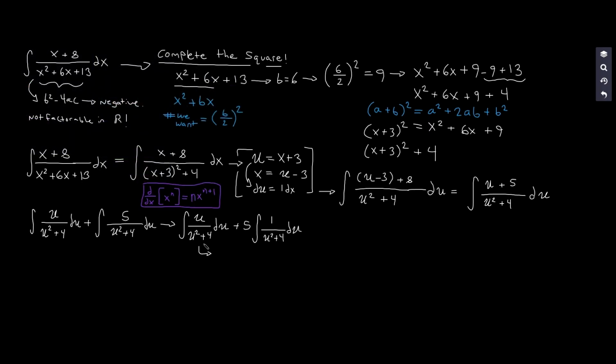The derivative of the denominator: if I took the derivative of u squared plus 4, I would apply the power rule to that first term of the binomial. And so it's going to become 2u, plus 0 because the derivative of 4 is 0.